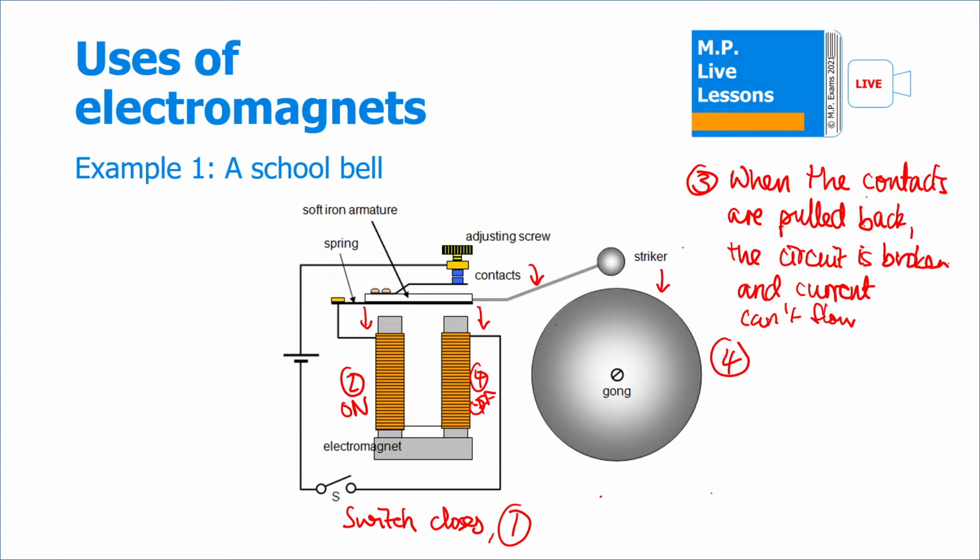The arm will go back to where it was. And then it repeats again. The contacts close, the current can flow, the electromagnet turns on, it pulls the arm and strikes the gong again, and it repeats forever.